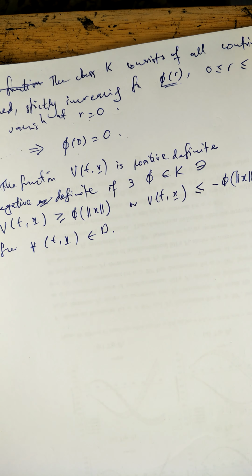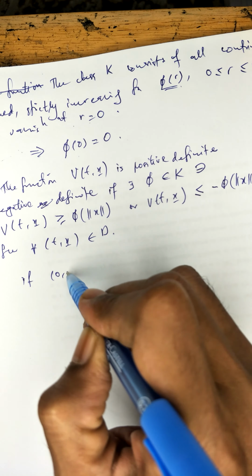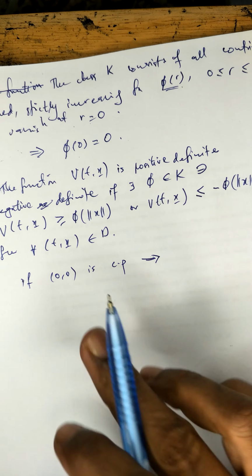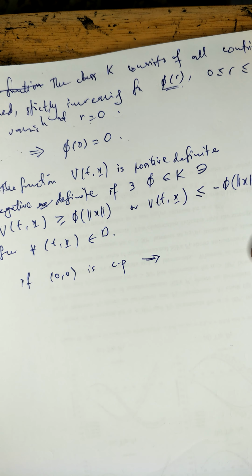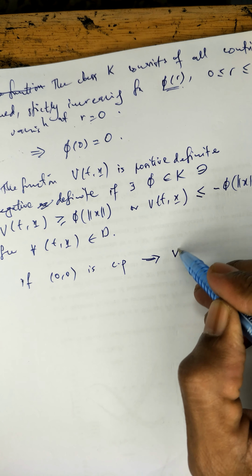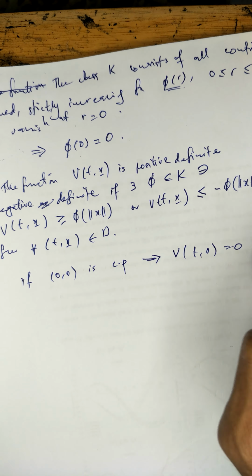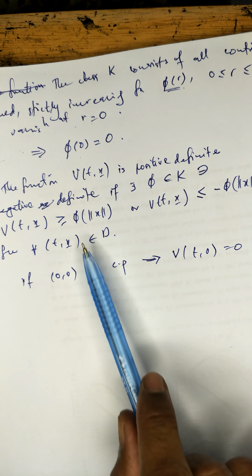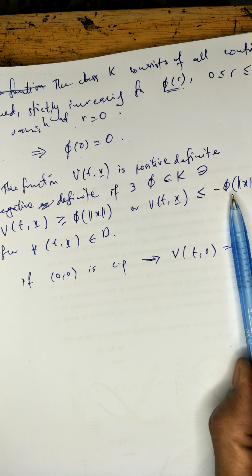If we consider (0, 0) as a critical point, the first condition to have positive or negative definiteness is that V(t, 0) must be 0, because at x = 0 everything is 0, and the same on the right side.